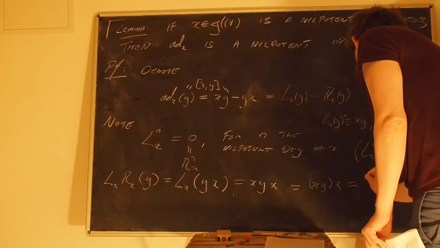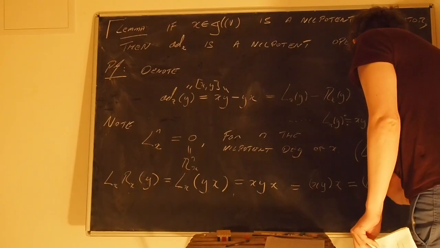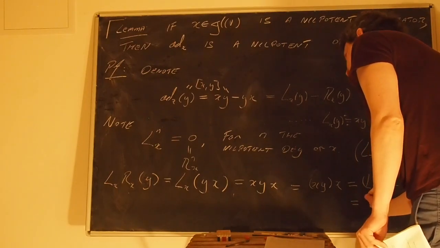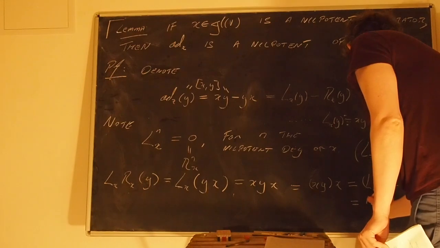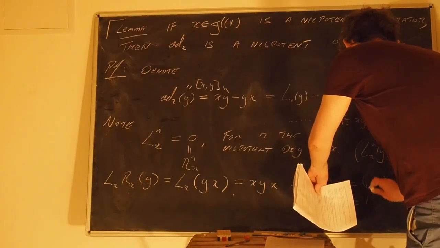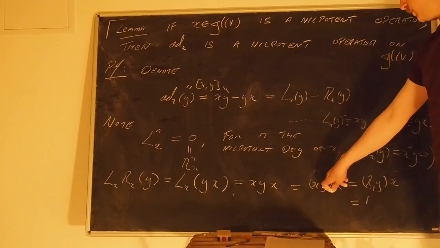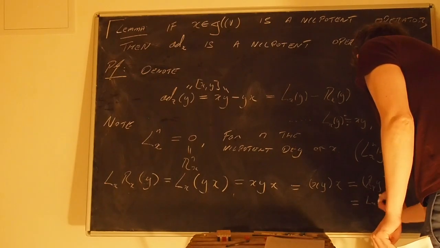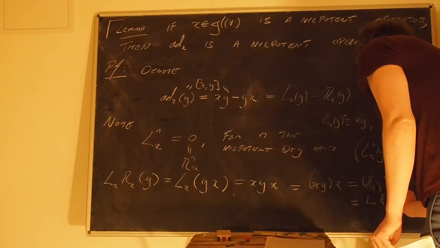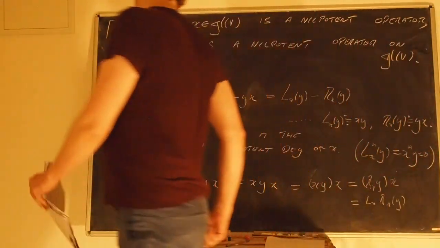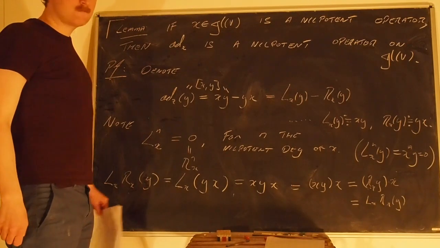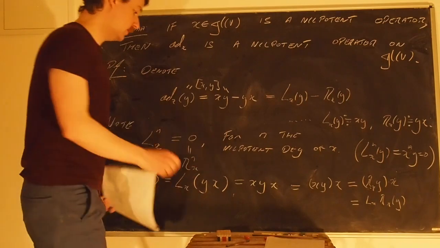And then you get L of x applied to y x, which is the right multiplication here, and then the left multiplication acting on this element. So these two guys commute. Okay. Nothing very difficult going on here.